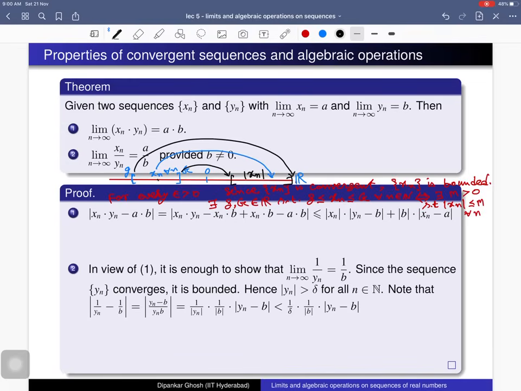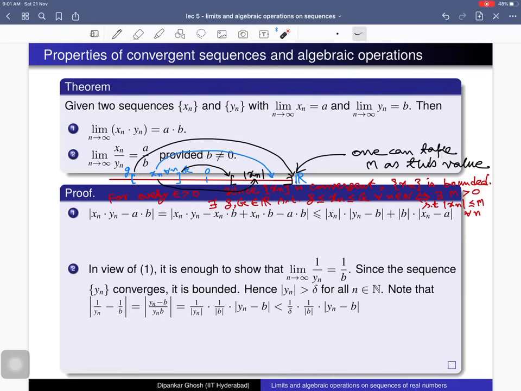If xn lies here, then mod xn will lie here. In that case one can take this real number as m, and then the absolute value of the nth term is less than or equal to m for all n. One can take this as an exercise. One can prove that if xn is convergent, then xn is bounded and there exists a real number m such that this absolute value is less than or equal to that particular real number for all natural numbers n.